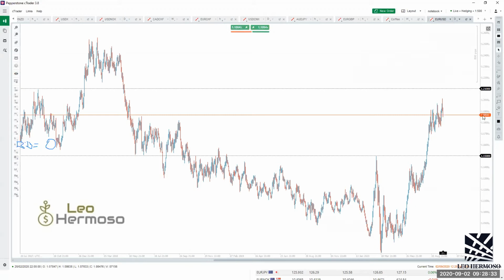Everything above this level, and even more so now that we know Euro USD is extremely stretched in the COT data positions, is a short opportunity. And we should use 1.15 as a target.